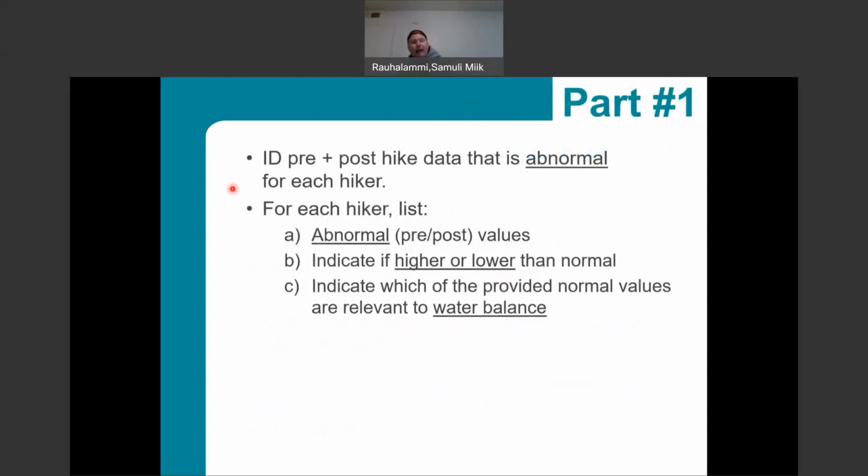So in the first part, before the hike, for the values that I provided, I asked you to do 2 things. I'm asking you to find if something's abnormal in terms of the values, and I'm also asking you to look at what factors are good indicators of the water balance level in an individual's body.